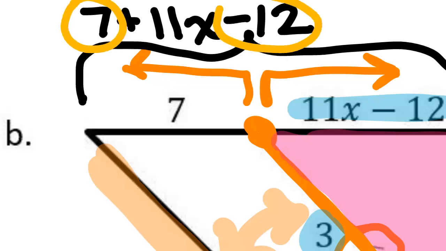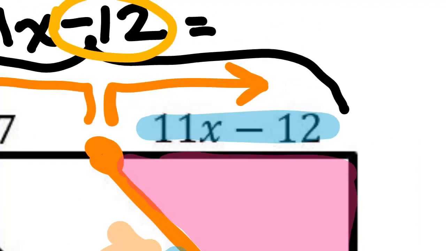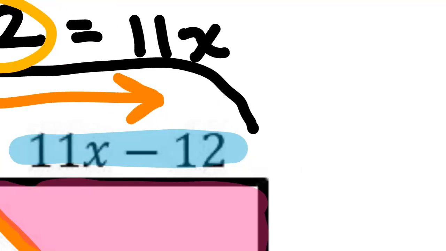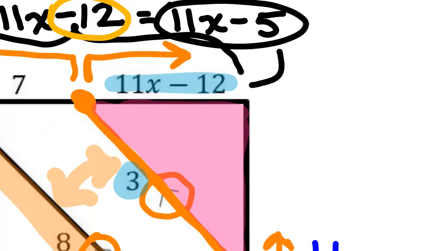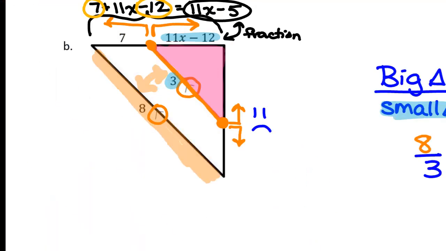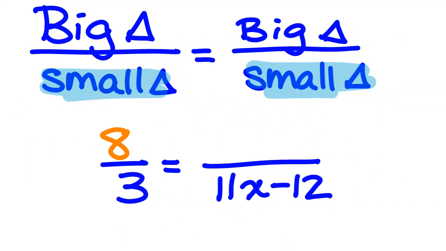It's a negative 12. So I do 7 minus 12 to combine those. What is 7 minus 12? Close. Negative 5. You were just one off. That's okay. So I have 11x minus 5. That right there makes a fraction with this, because those are corresponding. So 11x minus 5 is my other numerator.